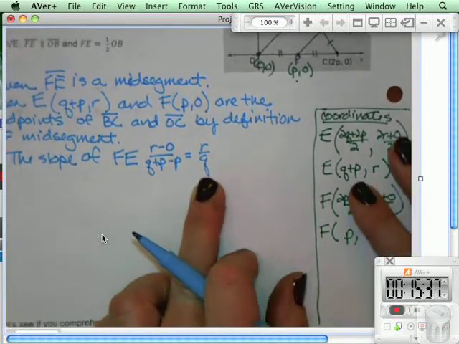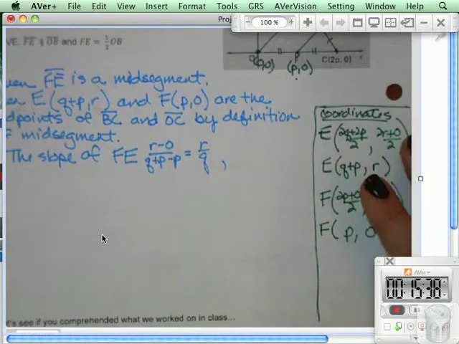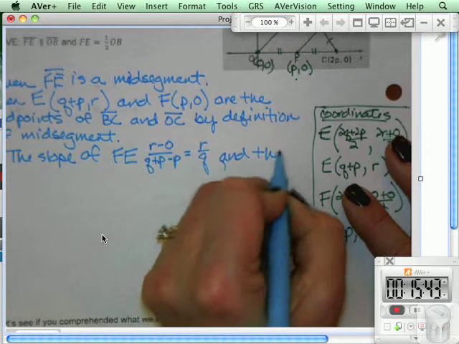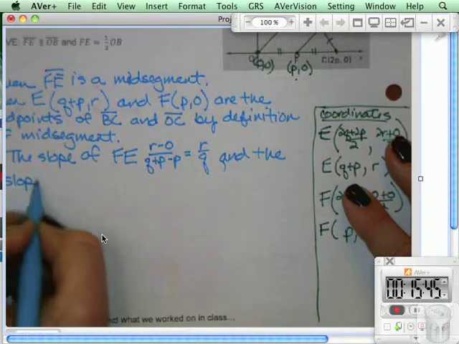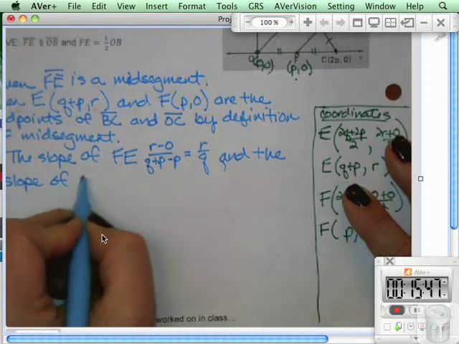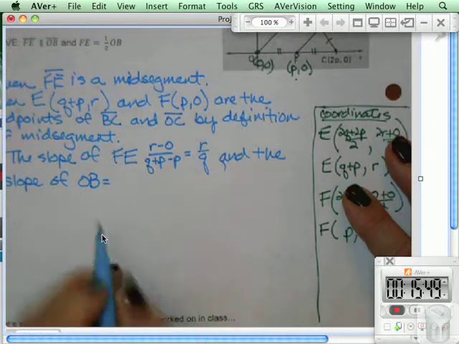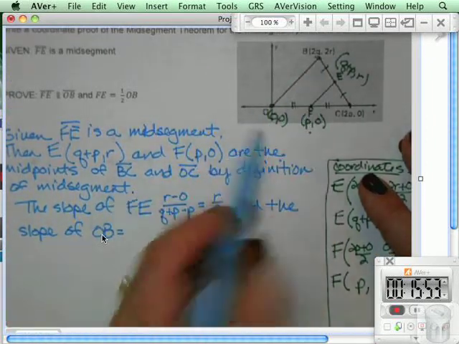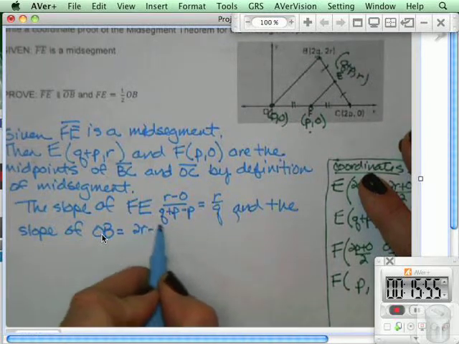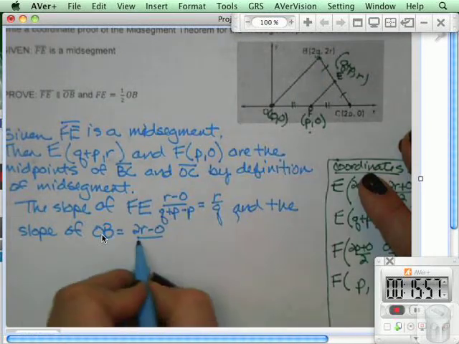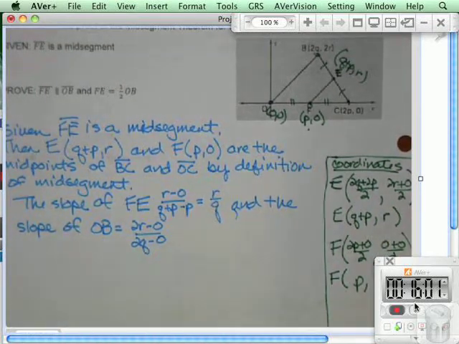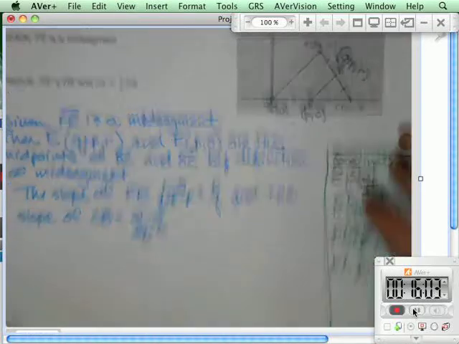Let's calculate the slope of OB. And the slope of OB is equal to, so again, I'm going to subtract my y's, 2r minus 0 and 2q minus 0. Okay, so what does this simplify to? Did you guys figure that out already?